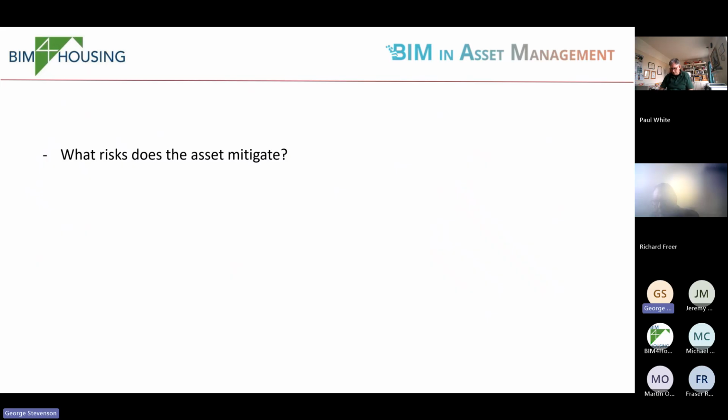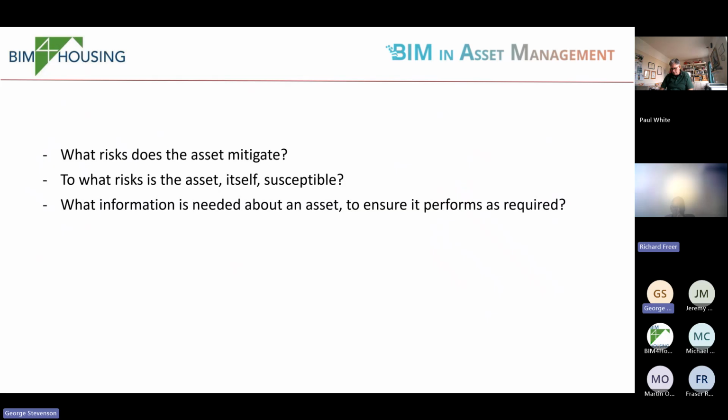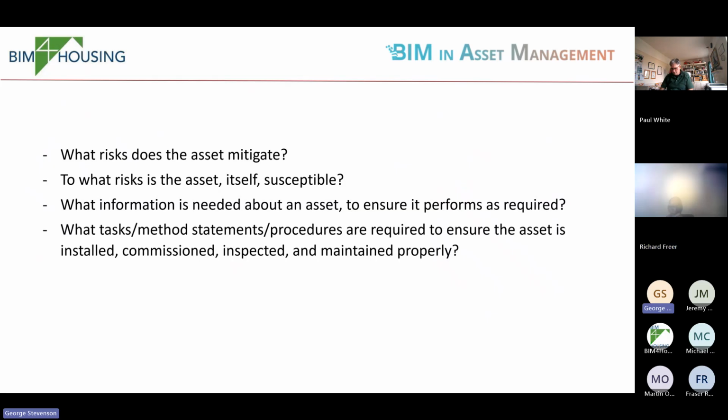What risk does the particular asset type mitigate? What do people do to these assets to stop them from working? What information do we need to know about it to ensure it performs as required? What procedures and activities are required?